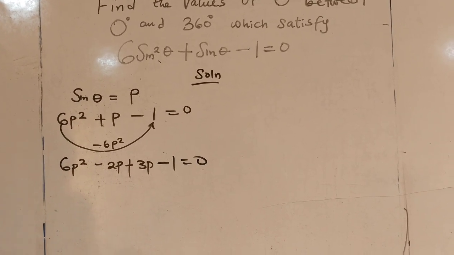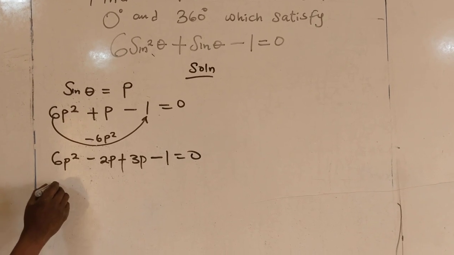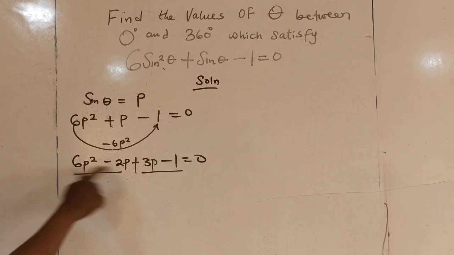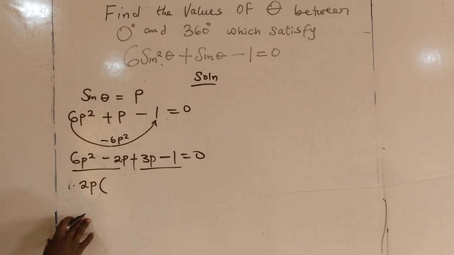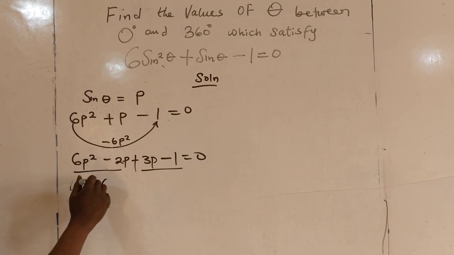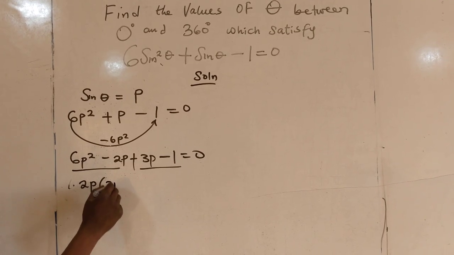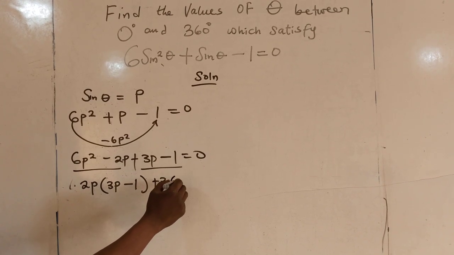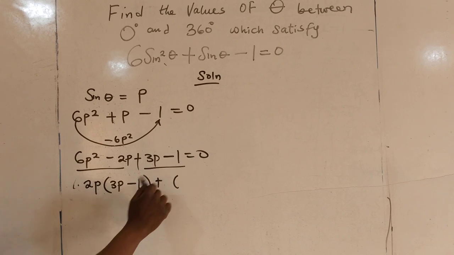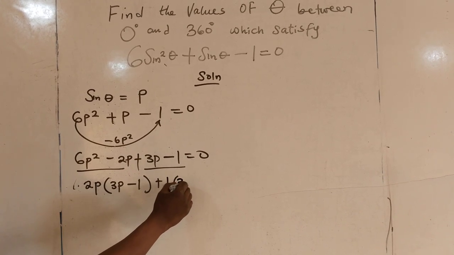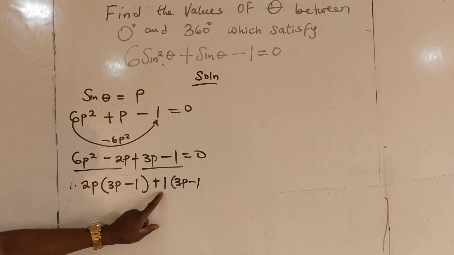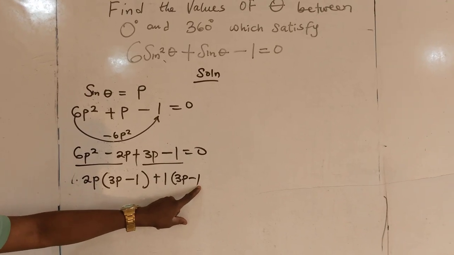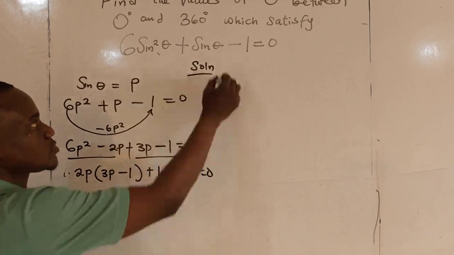We can now factorize this by grouping group 1 and group 2. What is common here is 2p, so I bring out 2p and I have 3p minus 1. Then plus 1, open bracket 3p minus 1, because plus 1 multiplied by 3p gives me plus 3p, and plus 1 multiplied by minus 1 gives me minus 1, equals 0.